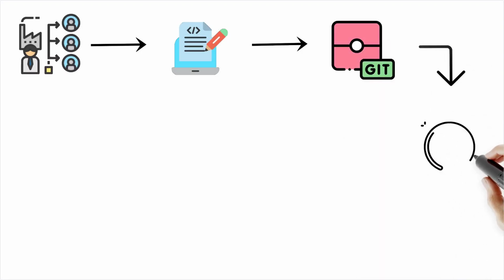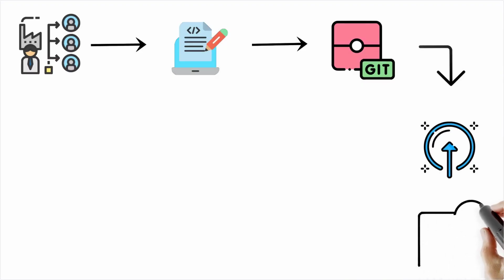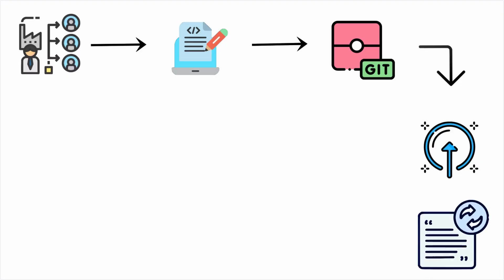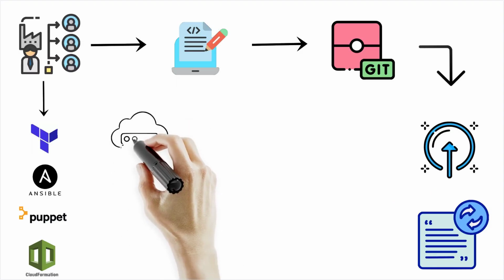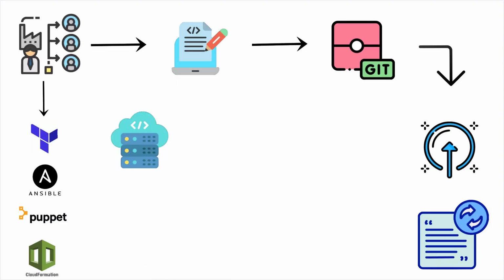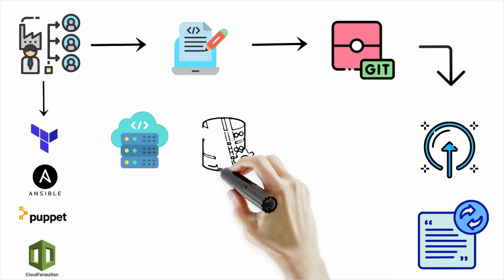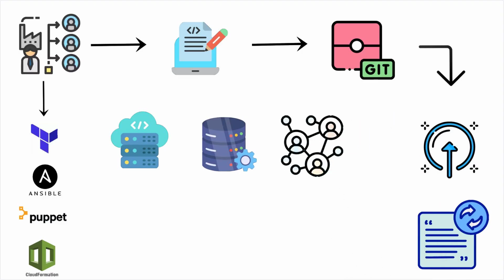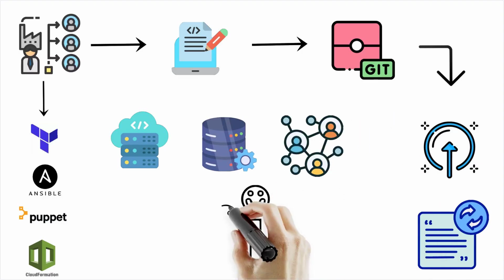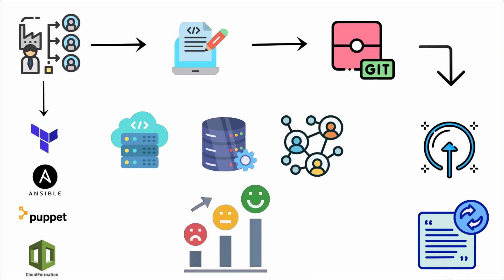This allows teams to track changes, roll back to previous versions, and understand the history of infrastructure modifications. By using tools like Terraform, Ansible, Puppet, or CloudFormation, DevOps engineers can quickly provision and configure infrastructure in a reproducible manner. Whether it's creating virtual machines, databases, or entire networks, the process is automated and can happen in a fraction of the time compared to manual setups.